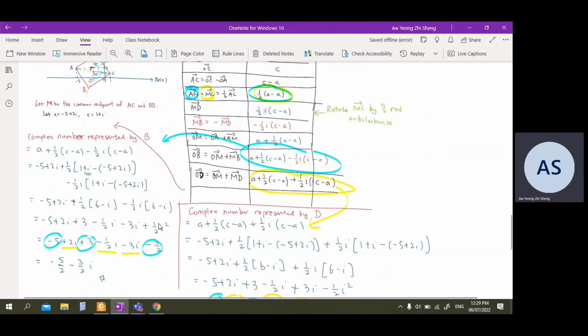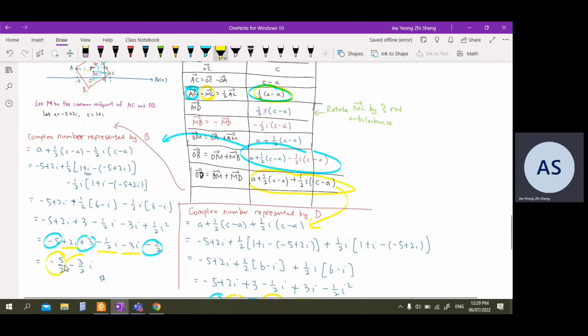Yeah, so if you really check your final answer and compare it with the diagram that you have, it makes sense to have -5/2 and -3/2 here as your complex number represented by B, because B is a point in the third quadrant where both the xy coordinates are negative. And so it makes sense for B to be at the third quadrant.